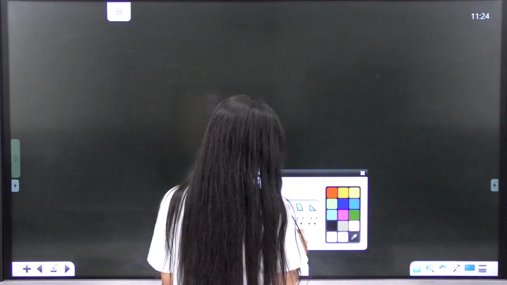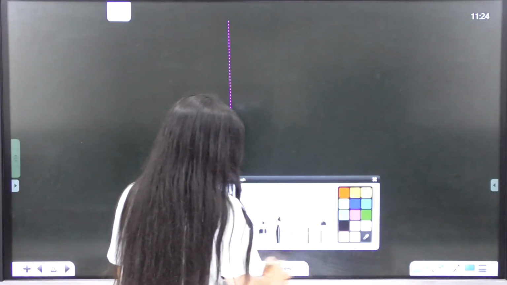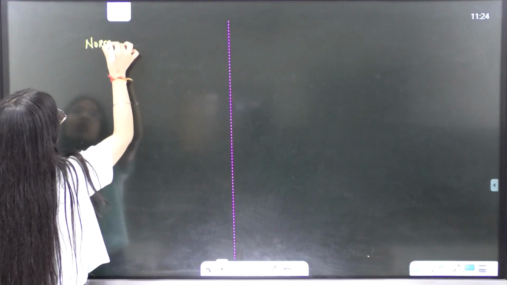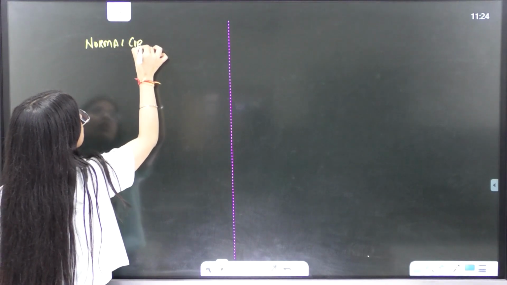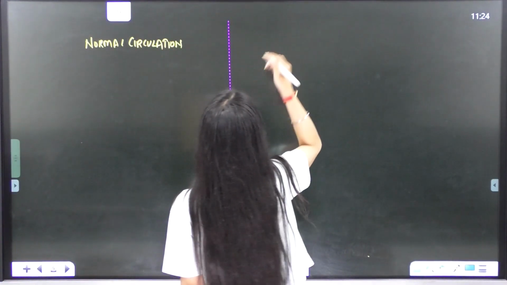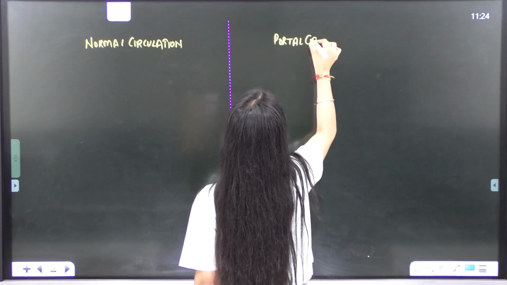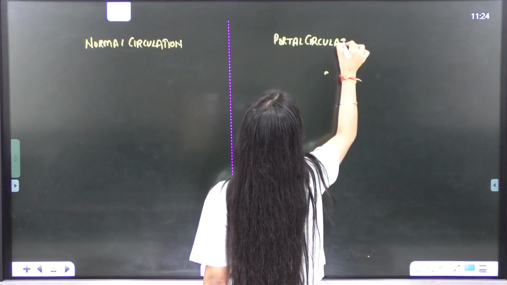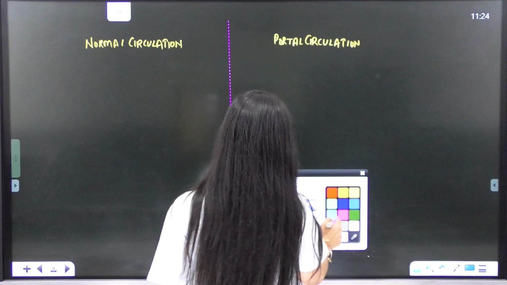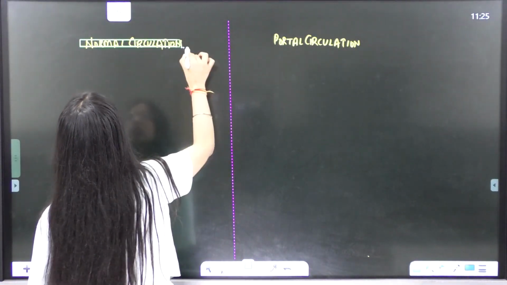Firstly, we will know the difference between normal circulation and portal circulation, right? So we will write the pathway of both. We will firstly write the pathway of both.